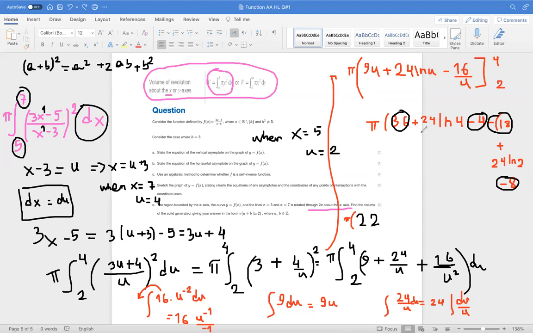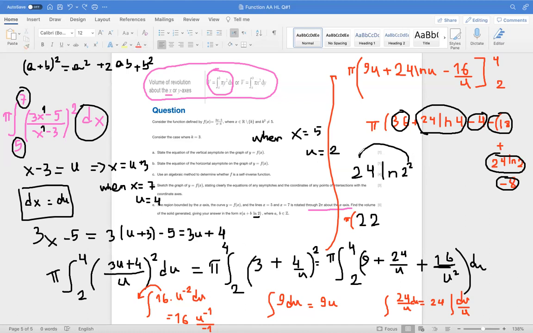And for that one, 24 ln 4 minus 24 ln 2. So let's do it here. 24 ln 4 can be written as, because here it says to express this in terms of ln 2, 4 can be written as 2 to the power of 2, right?